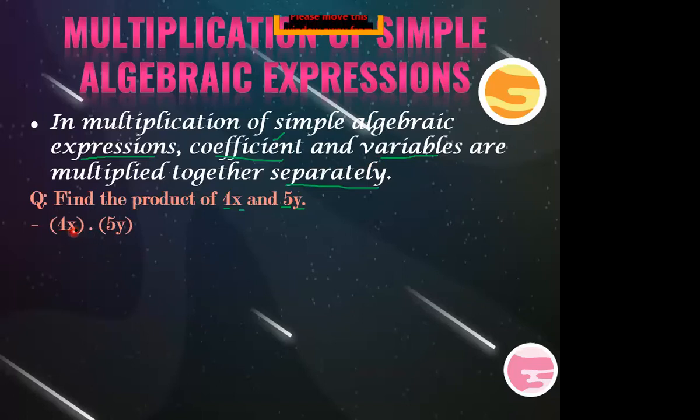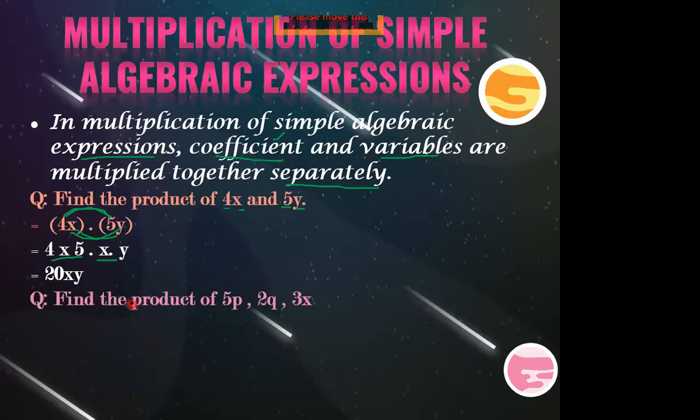So you multiply 4x with 5y. 4 and 5 are coefficients, so 4 multiplied by 5 will be 20, and the variables are different, so you will copy them down as it is, that is xy. In multiplication you multiply coefficients as well as variables, and here you have different variables, so you simply copy them down as it is.